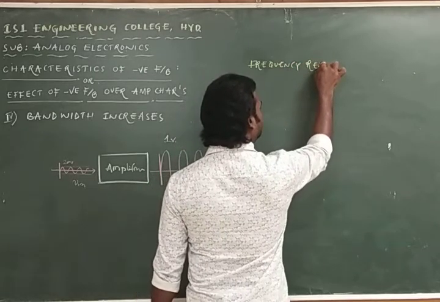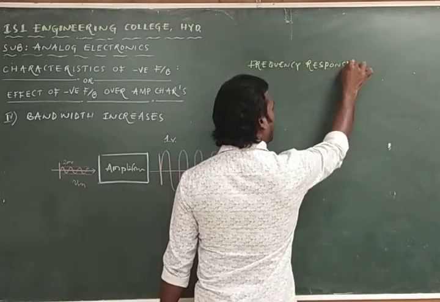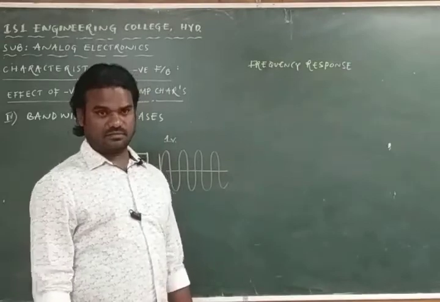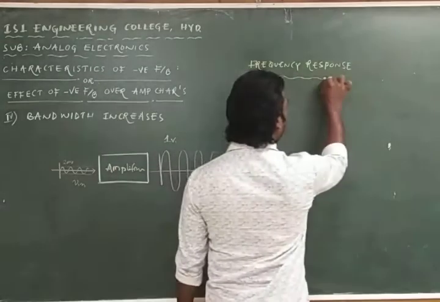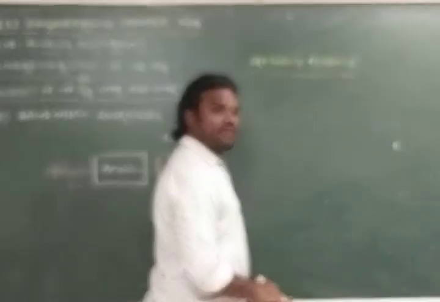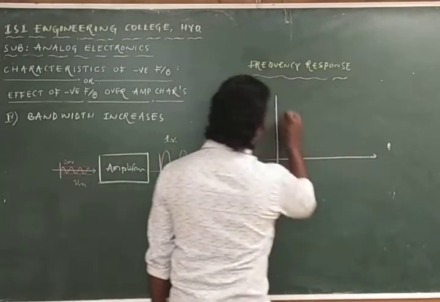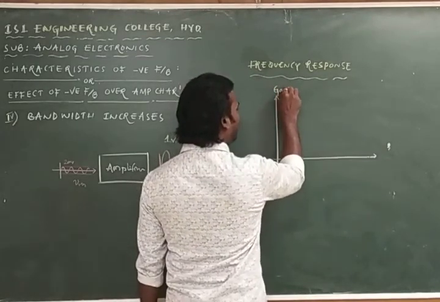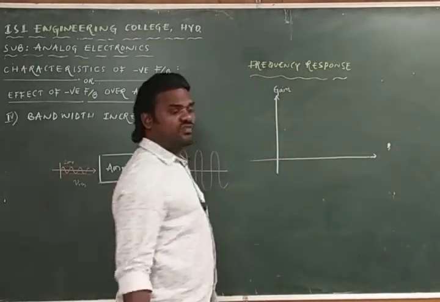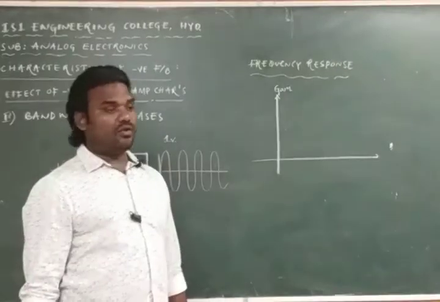Frequency response is nothing but a plot, a graph between frequencies and gain. I am taking the gain on the y-axis. What are the units for gain? No units for the gain.